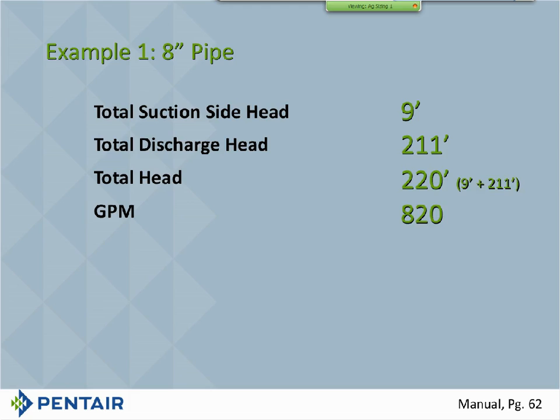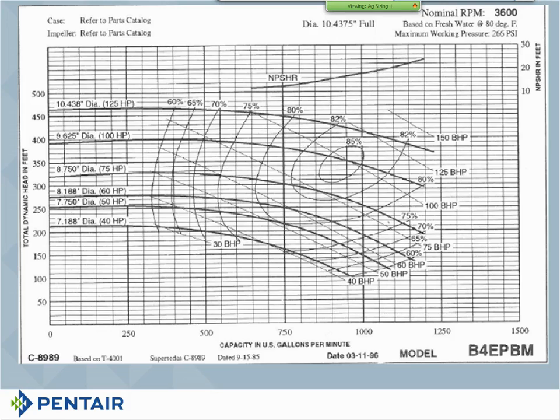That didn't change. So which pump did we select? Well, let's take a look. If we look at that same pump, the B4EPBM, we want now 820 gallons a minute, but only at 220 feet of head, and you can see we're a little bit under the 60 horsepower.